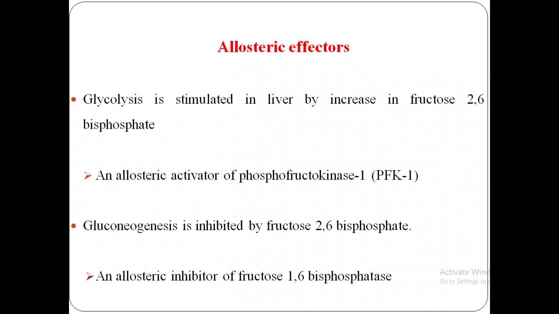Since glycolysis has already been covered, you must be aware of this enzyme. However, gluconeogenesis is inhibited at the same time by fructose 2,6 bisphosphate, an allosteric inhibitor of fructose 1,6 bisphosphatase.